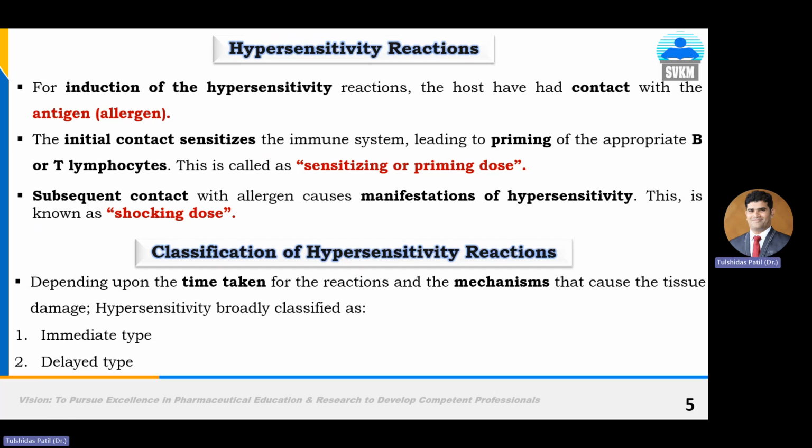Depending upon the time taken by a particular hypersensitivity reaction and the mechanism involved in it, we can broadly classify the different hypersensitivity reactions into two major classes: immediate type of hypersensitivity reaction and delayed type of hypersensitivity reaction.